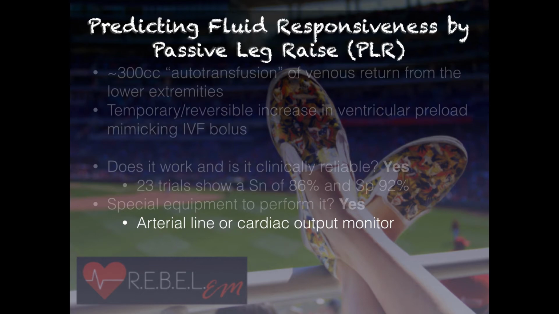Then what you're looking for is either a change in your A-line graph, or if you have a cardiac output monitor with a lot of the bells and whistles, not the standard ones we have, but the high-end cardiac output monitors, you're looking for a change in the stroke volume.